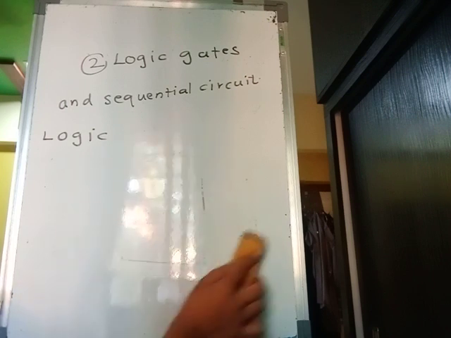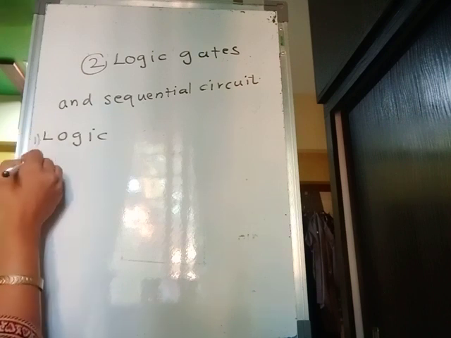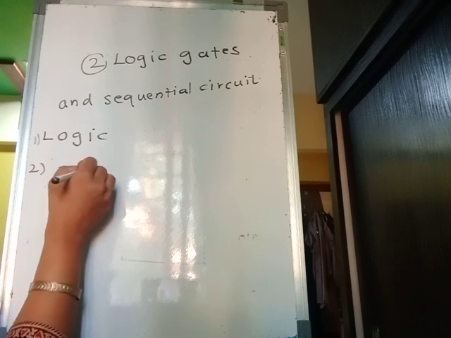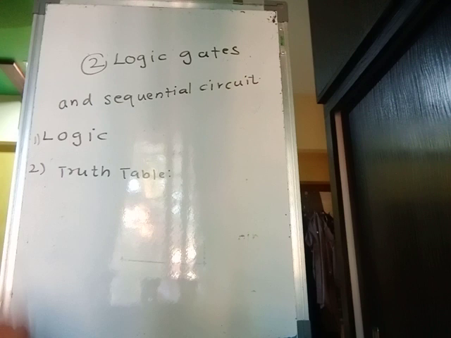First we have seen the logic, and now second we are going to see the truth table. So what is the truth table? It is one table in which the logic is expressed by taking all combinations of input and respective output.